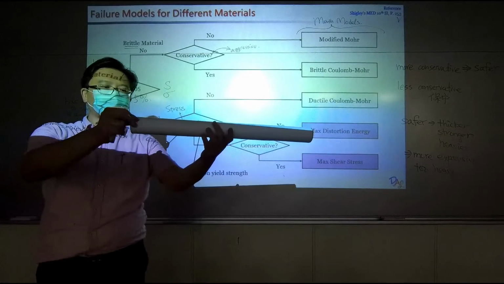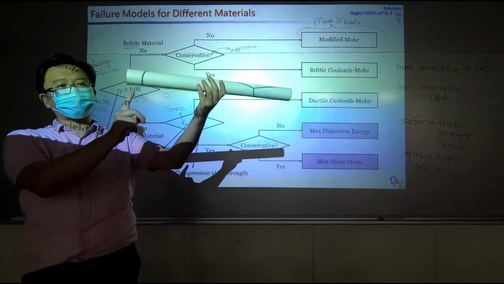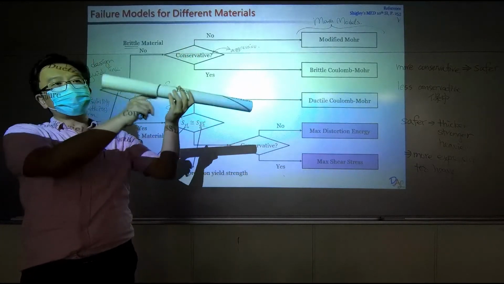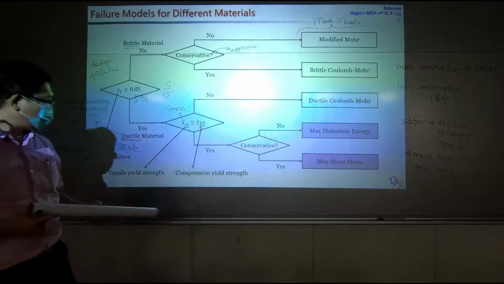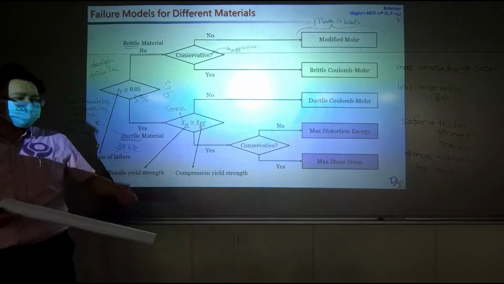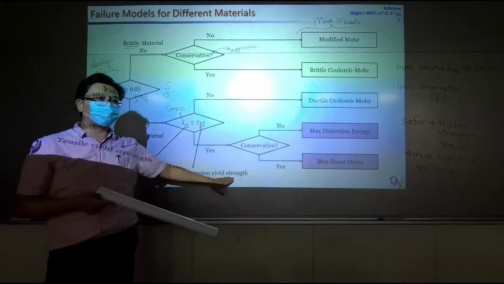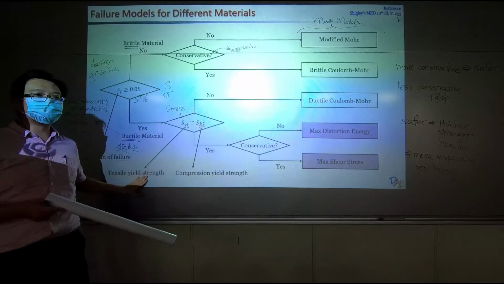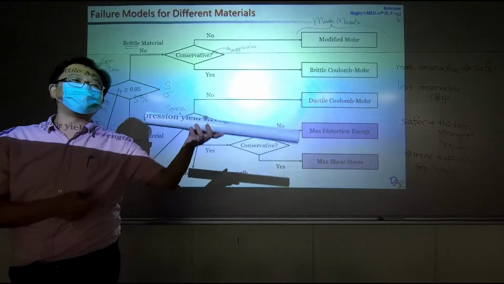But when you rotate the cylinder and move the cross to the bottom, it's under compression mode. So for compression, you need to check its compression yielding strength. If they are not the same, we have to solve the problem twice.